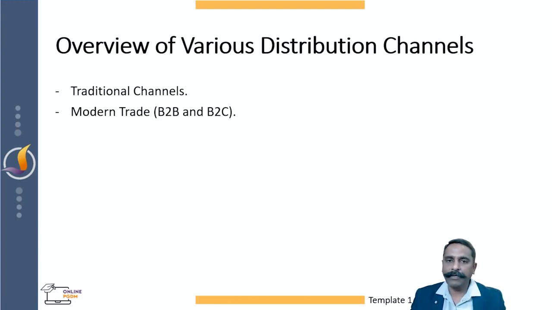Within this, B2B will be those which are typically meant for small retailers, like Metro and Best Price. B2C will be organized retailers who have multiple outlets spread across the country, like Smart Bazaar, Pantaloons, Shoppers Stop, and so on. Within the e-commerce space also, you have a differentiation between B2B and B2C.